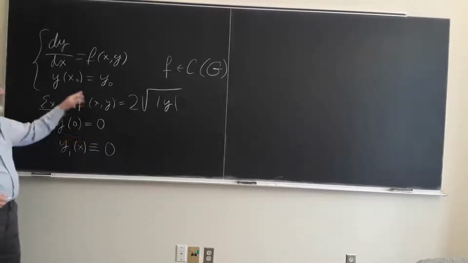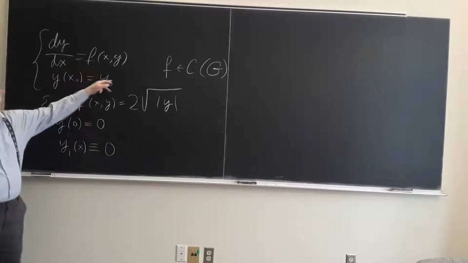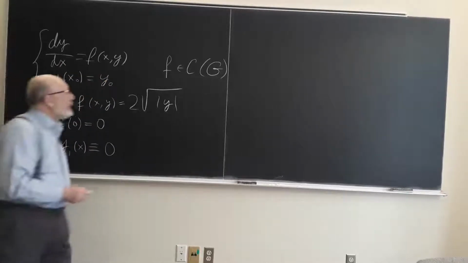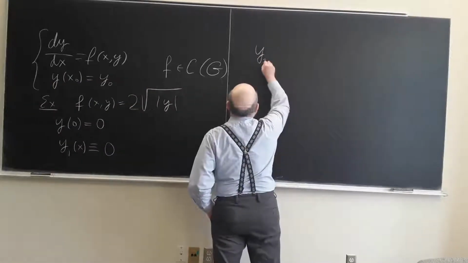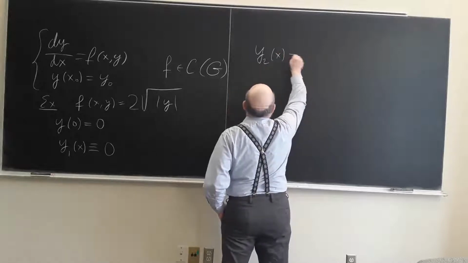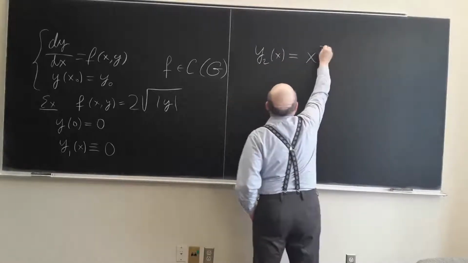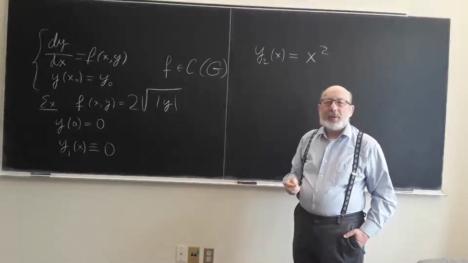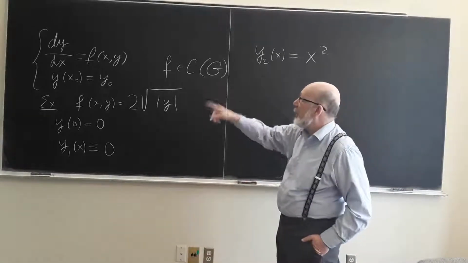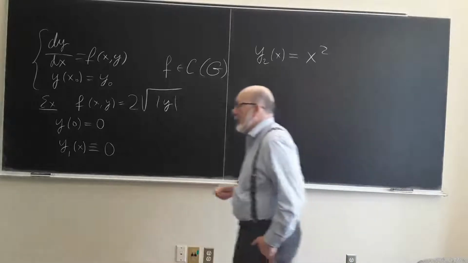If you substitute it here, you see 0 equals 0, so it is one solution. But there is another solution, y2(x) = x squared. So it also satisfies both the equation and the initial condition.